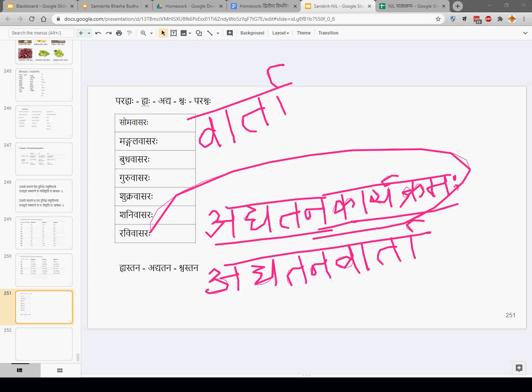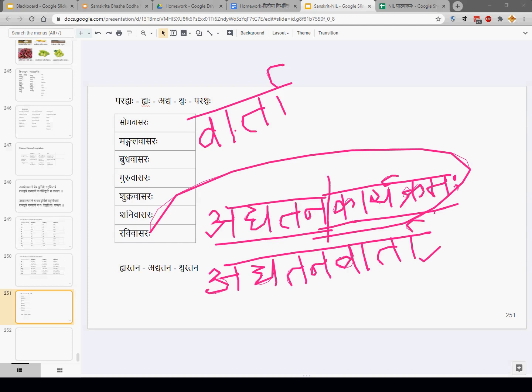Do not stop in between: Adyatana Varta, Adyatana Karyakrama. Note that both together become one word. The whole thing becomes a Strilinga word as usual, like Varta, and Karyakrama becomes one Pullinga word.